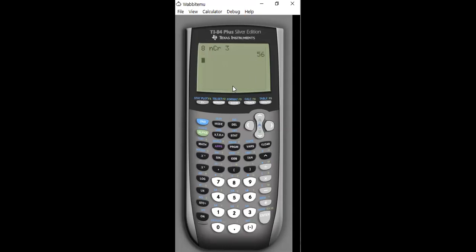Do you see the 56 here? That's exactly the same as what we got by doing the hand calculation. So remember, using your calculator is a lot easier. I'm going to switch back to the whiteboard again.